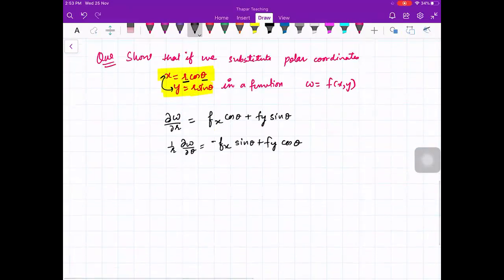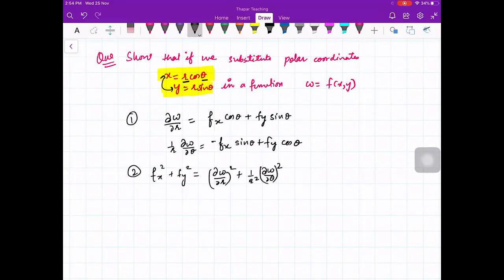And also we have to show fx square plus fy square is equal to curly w by curly r square plus 1 by r square curly w by curly theta square. So simple calculations you have to do.